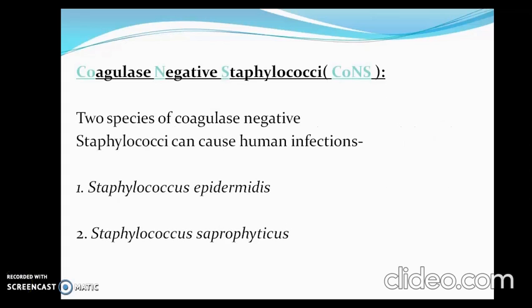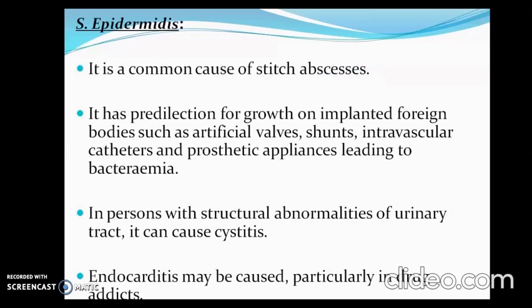In the beginning of the session, we also mentioned the coagulase negative staphylococci, that is staphylococci other than Staphylococcus aureus. It includes Staphylococcus epidermidis and Staphylococcus saprophyticus, and these also cause a few human infections. Staphylococcus epidermidis is a common cause of stitch abscesses.